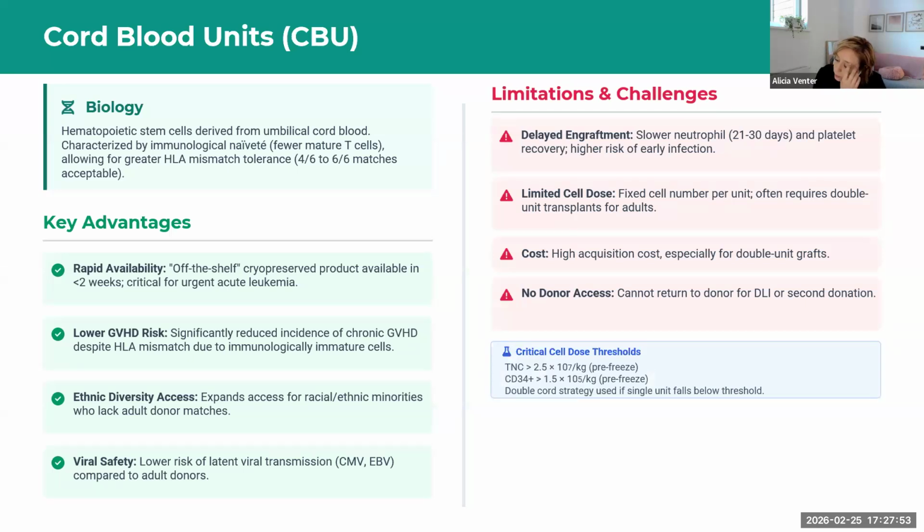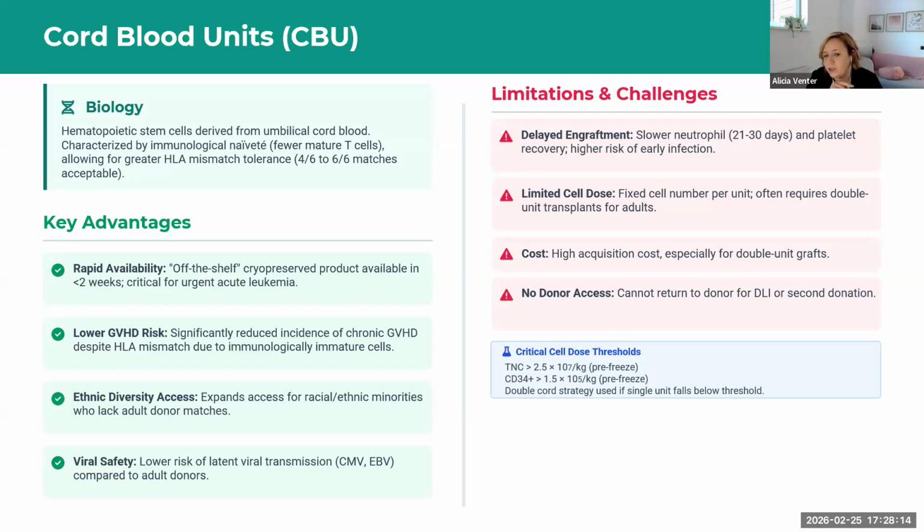And of course, with cord blood units, because they're so small, the volume isn't necessarily the critical point. It's really the counts. A TNC of 2.5 is sort of considered a therapeutic dose, so you definitely want more than that. In terms of CD34, you definitely want more than 1.5.